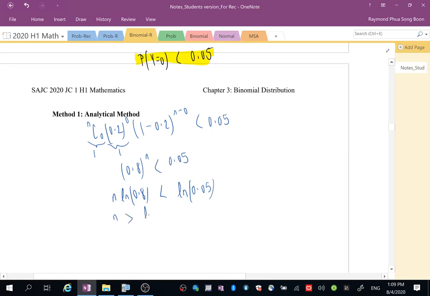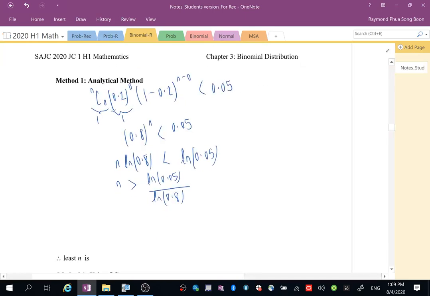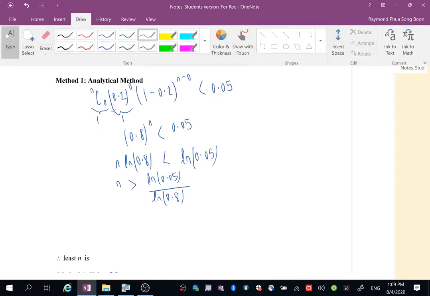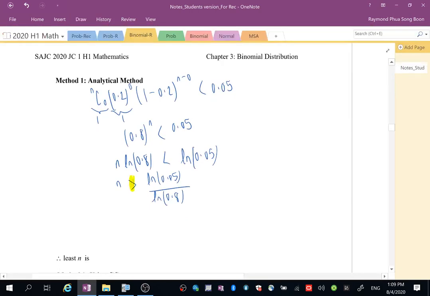Take note, when I divide both sides by ln 0.8, the inequality sign will change direction because ln 0.8 is negative, less than 0. So when you're dividing or multiplying by a negative number in an inequality, the inequality sign will switch direction.